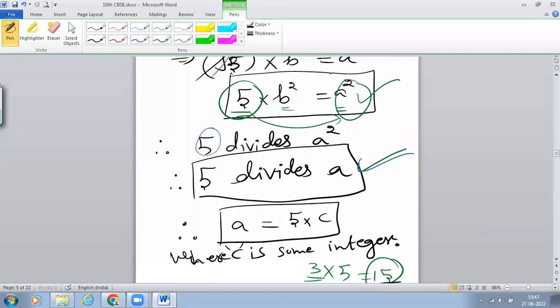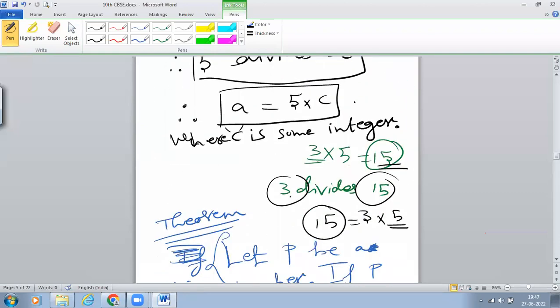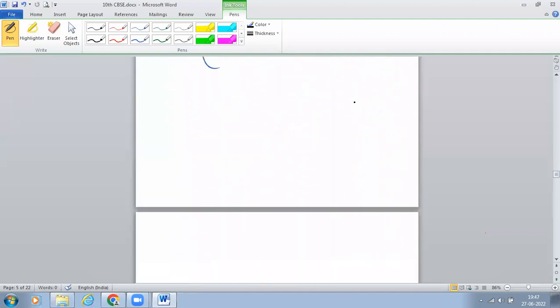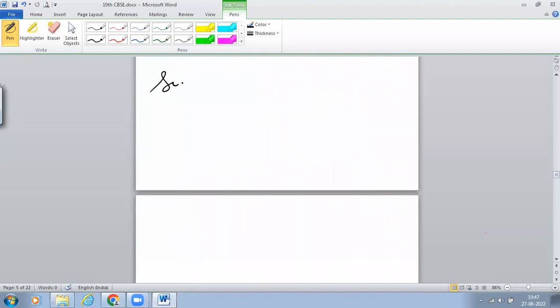I'll scroll down and write, as there is no space here. Substituting A is equal to 5 into C in the equation.